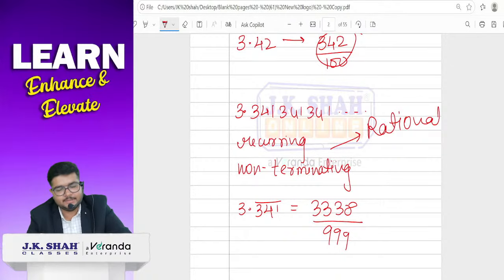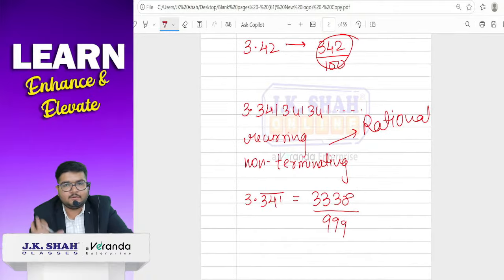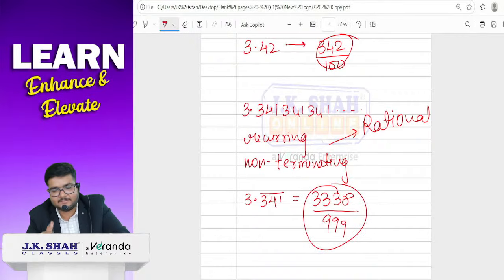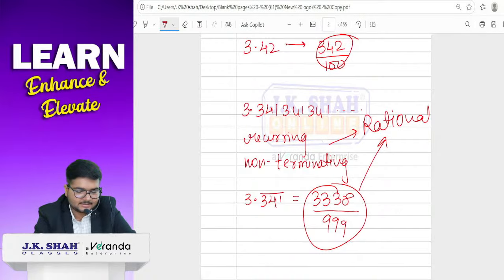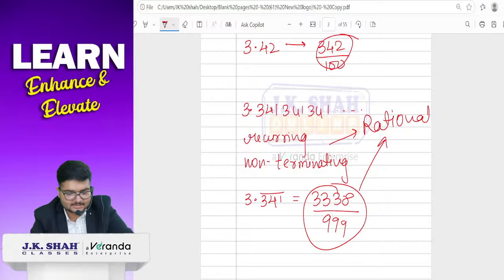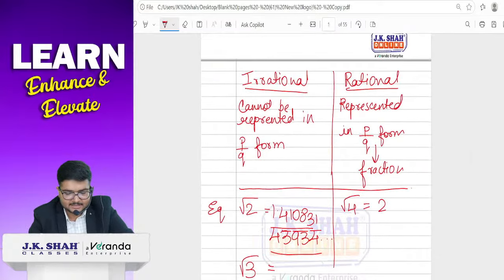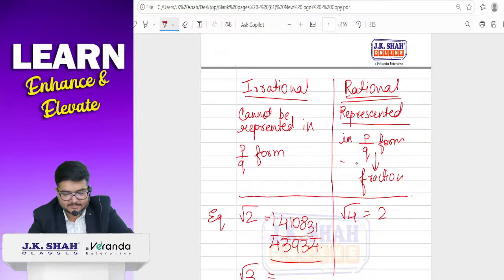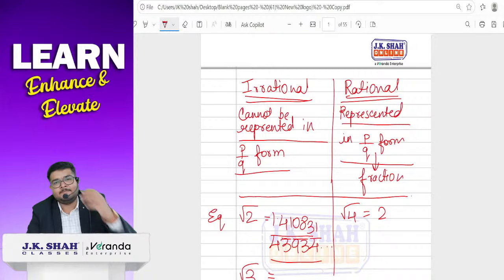I'll teach you how to do it, but for now just understand that this number can be represented in fraction form, and that is why they are rational numbers. Understood this? Did you understand the difference between rational and irrational? Simply, rational numbers can be represented in P upon Q form, and irrational numbers cannot be represented in P upon Q form.